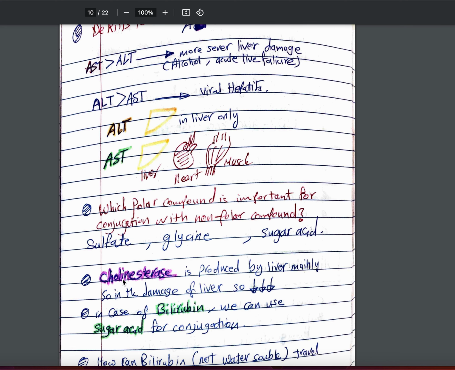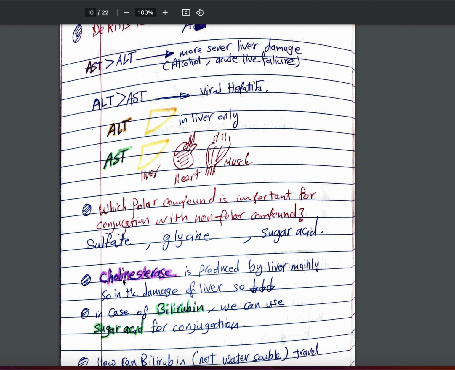Which polar compound is important for conjugation with a non-polar compound? If we have a non-polar compound, what polar compound is important for the conjugation? Sulfate, glycine, sugar acid. That means sulfate, glycine, and sugar acid are all polar compounds, and we use them for conjugation.